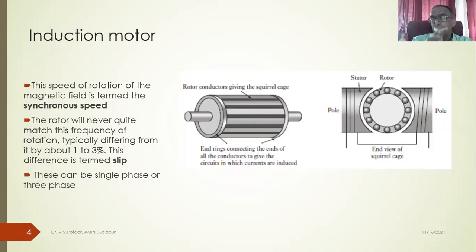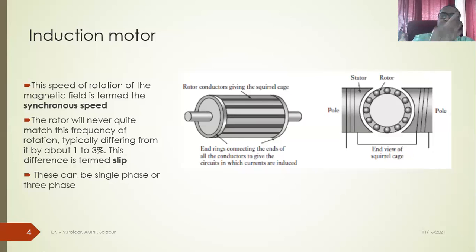What happens to the rotor? Because of that rotating magnetic field, the rotor is dragged and the rotor starts rotating. But what this statement says is that the rotor's speed is not as much as the rotating magnetic field's speed. It is 1 to 3% less.